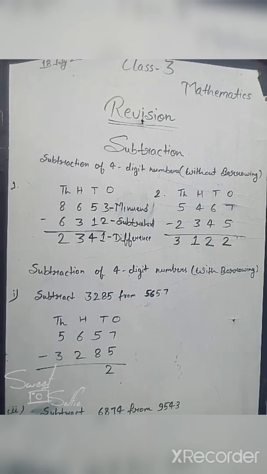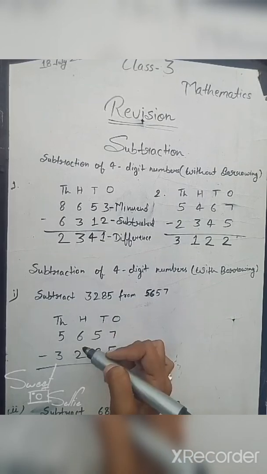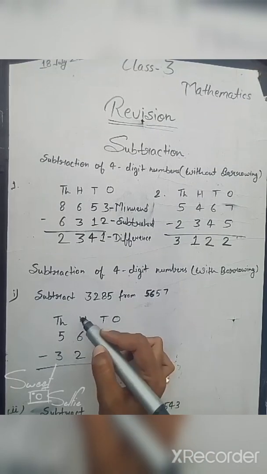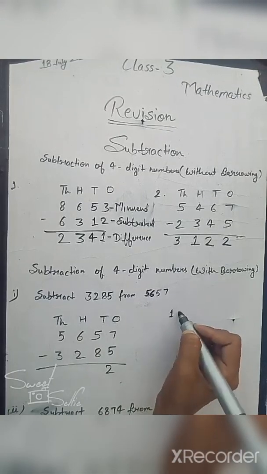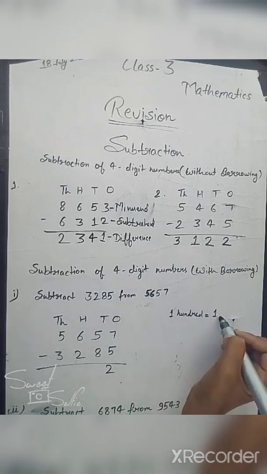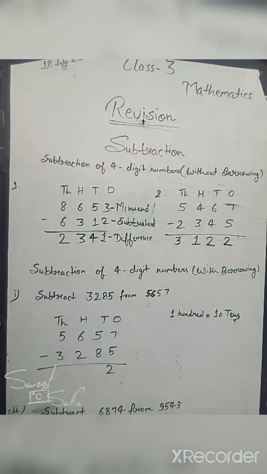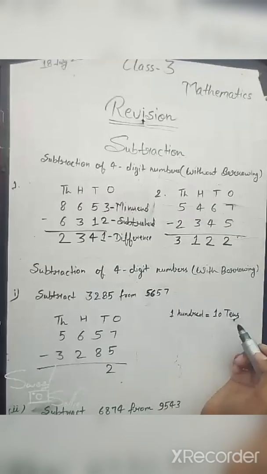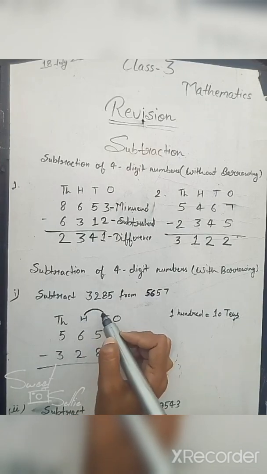We will borrow 100 from the hundreds column, and we know 100 is equal to 10 tens. So 100 will transfer to 10 tens.